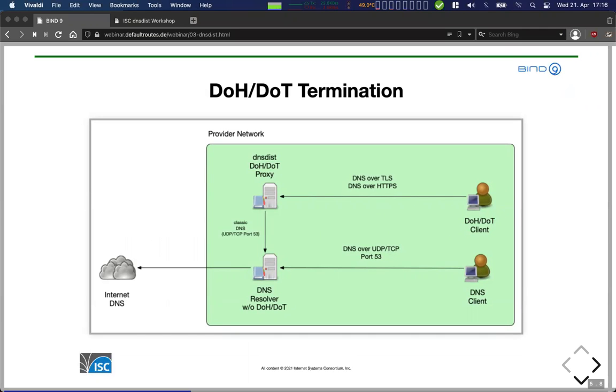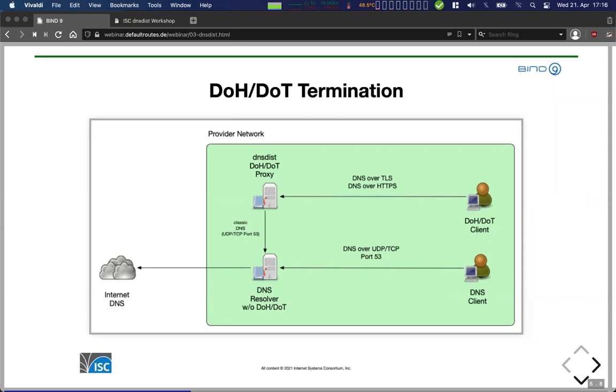So here's an example about DOH-DOT termination. There is a DNS resolver that is not capable of DOH or DOT. Let's say that's a BIND 9.11 machine that you can find in current Linux distributions. And DNS clients nowadays use DNS over UDP or TCP port 53 to talk to that DNS resolver, and that one talks to the internet. And now maybe the operator wants to enhance the offering with DNS over HTTPS and DNS over TLS.